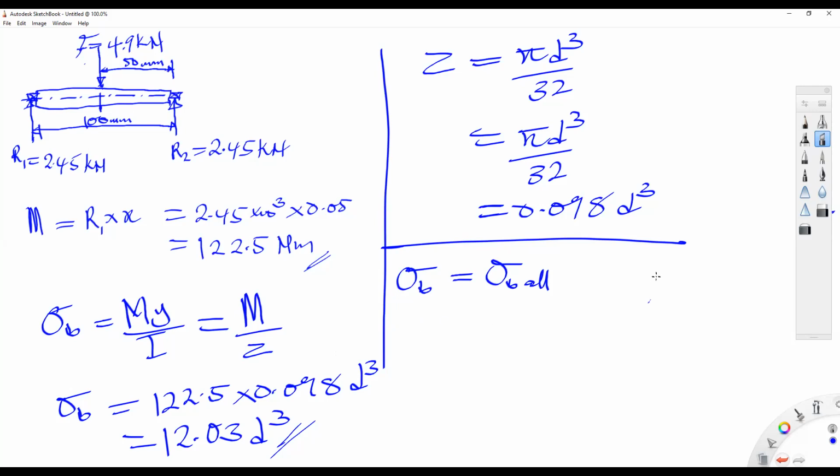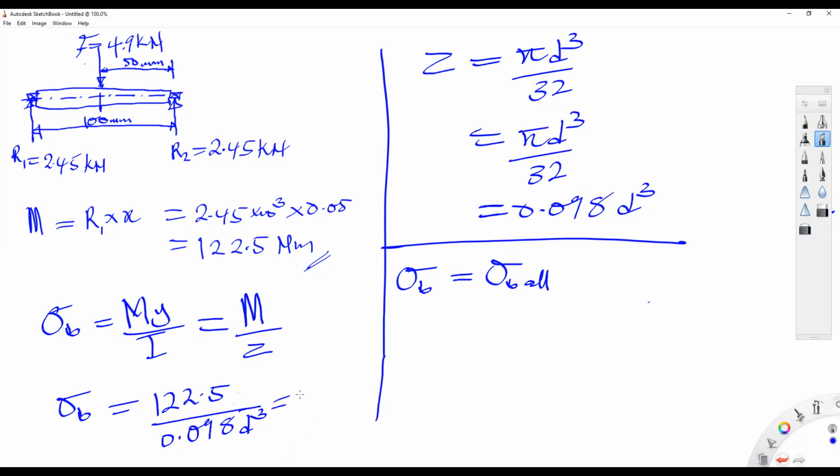It's M divided by Z, M on Z, not times. So we have it divided by 0.098 d cubed, which is 1250 over d cubed, right? Yes.